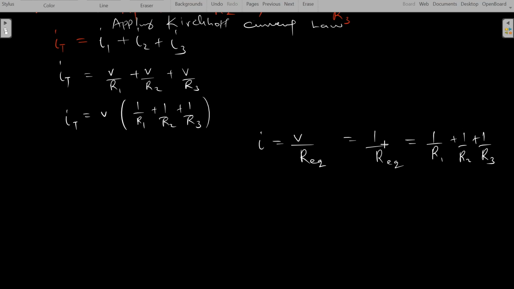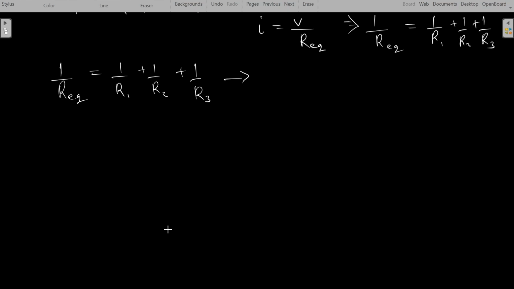So this is the total resistance in parallel. This is how we derive the total resistance in parallel, the expression for the resistance in parallel.